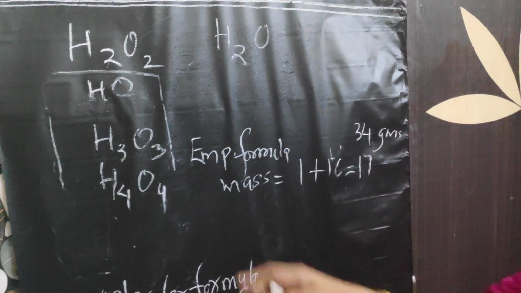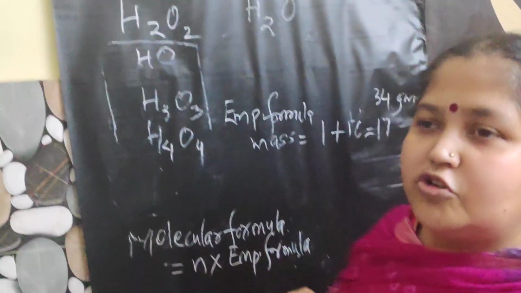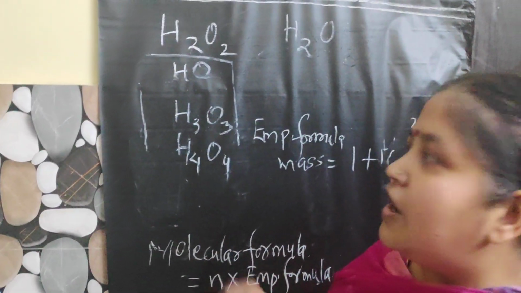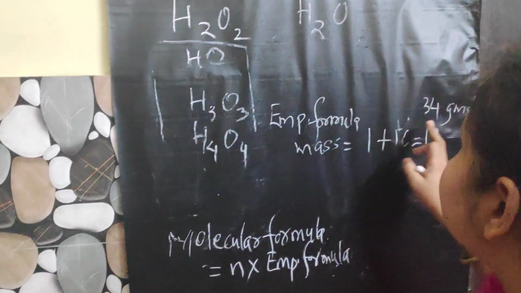So this was the formula predicted before finding out the molecular mass of hydrogen peroxide. When it came to 34, it was multiplied by 2, that is 17 into 2.